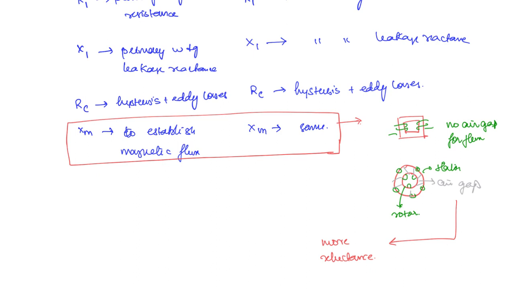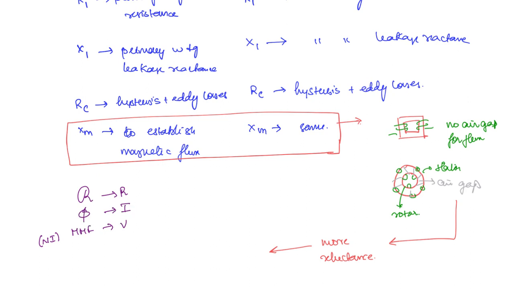So what is the result of more reluctance? You remember the analogy between magnetic and electric circuits. Reluctance is same as resistance. Flux is same as current and MMF is same as voltage. What is MMF? MMF is nothing but N into I, number of turns into current. So now more MMF is required in order to produce the same amount of flux.